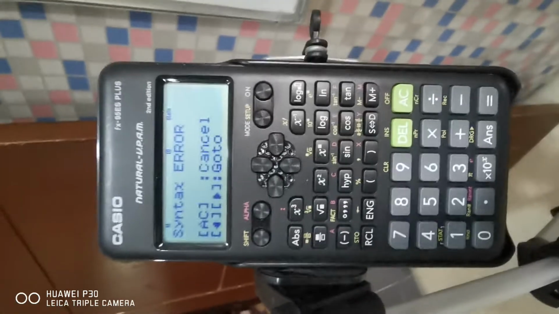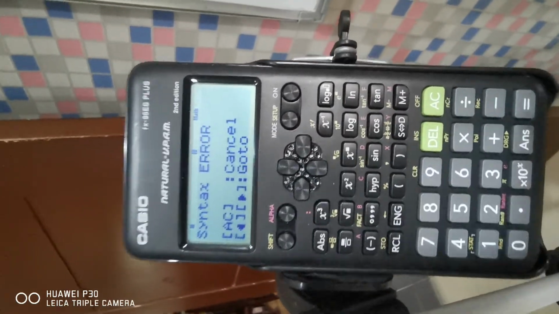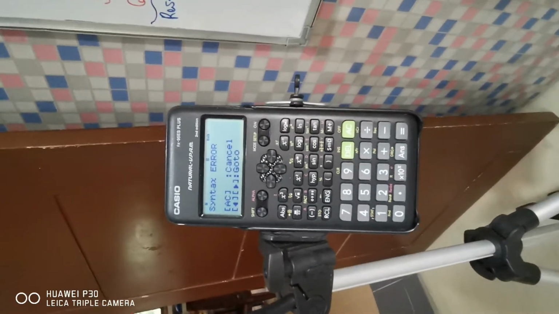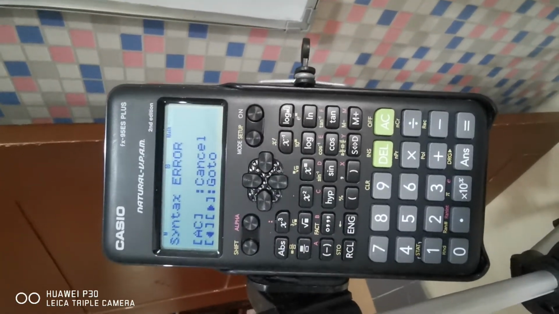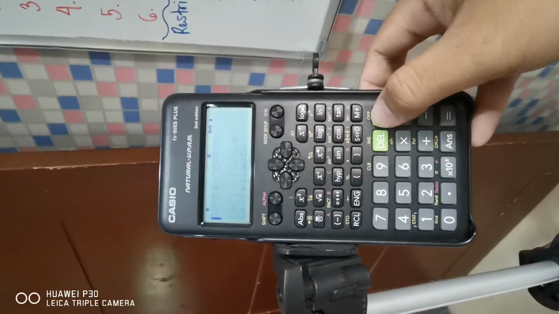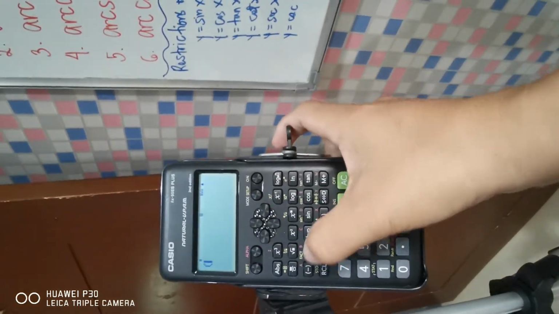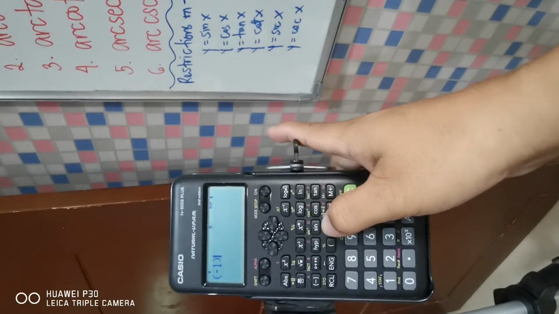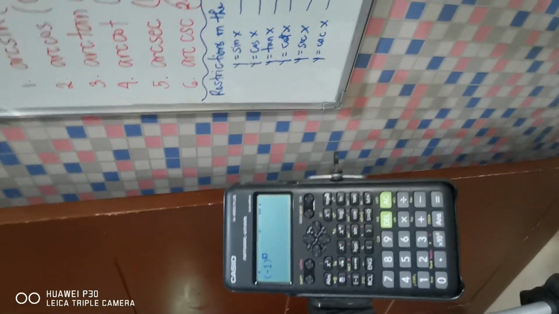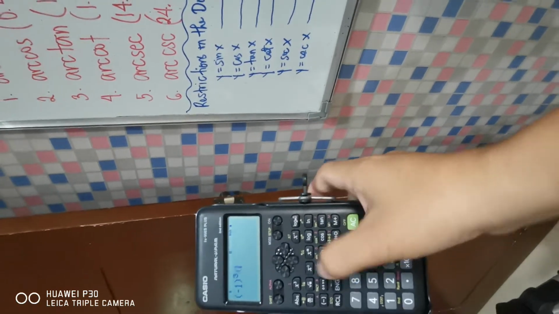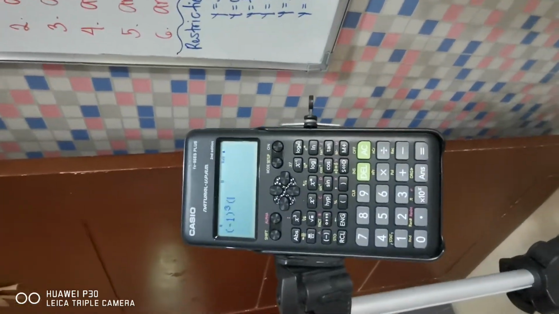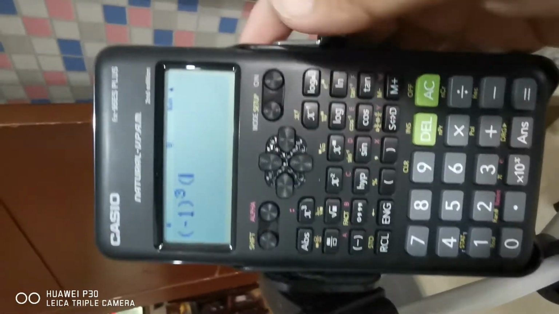Syntax error. What happened? Probably there is something wrong with how we input our information there. So let's do it again. Press open parenthesis, -1, close, then input 3, then right, then let's do the parenthesis thing. Now we have no syntax error.